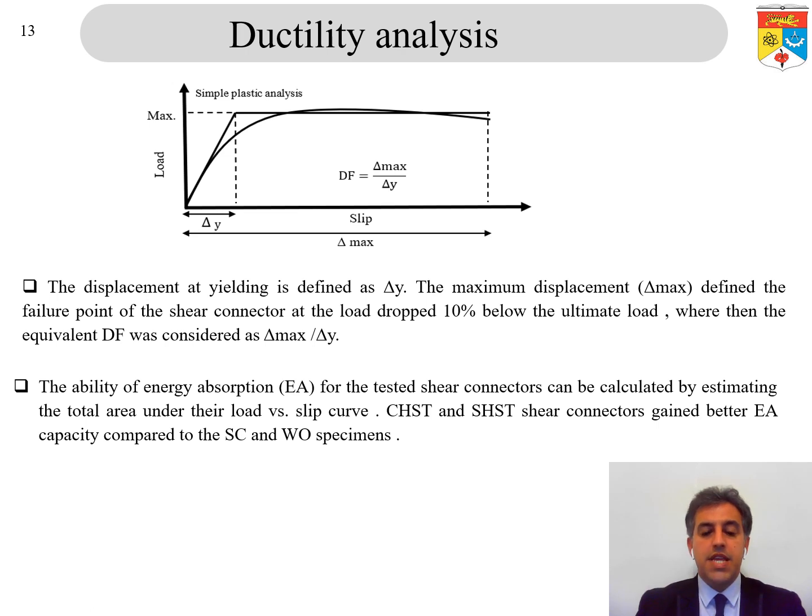The energy absorption capacity of the tested shear connectors can be calculated by estimating the total area under the load slip curve, where the circular and square hollow steel shear connectors gain better EA capacity compared to the shear stud as the reference connector and the web opening specimens.